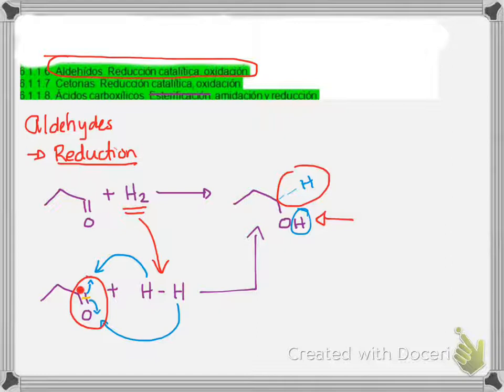In this way, when I reduce an aldehyde, it will become a primary alcohol. This is the opposite reaction of alcohol's oxidation, partial oxidation. Okay? Is this clear? Yes. Okay.